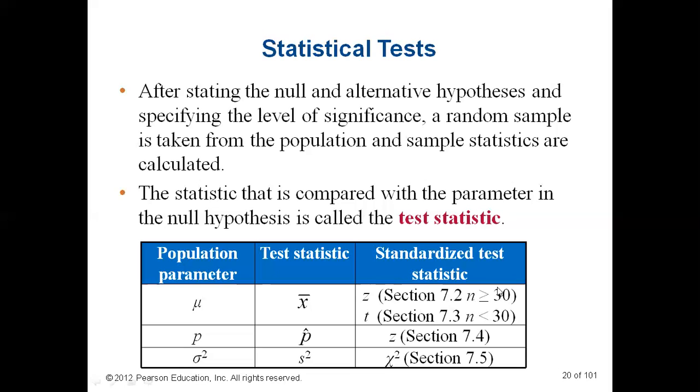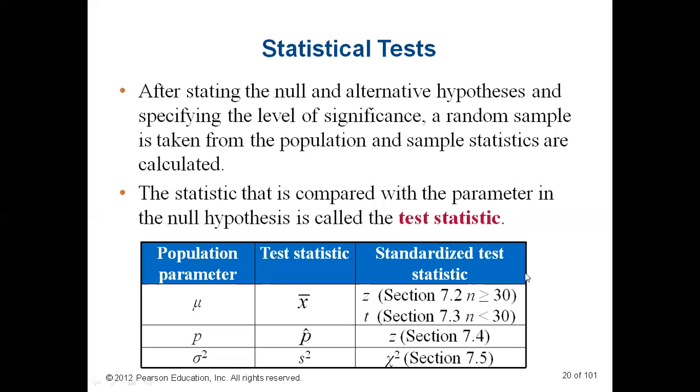When the sample size is greater than or equal to 30, the comparison is represented by the normal distribution, using the standardized test statistic z. When the sample size n is less than 30, we use the test statistic variable t.